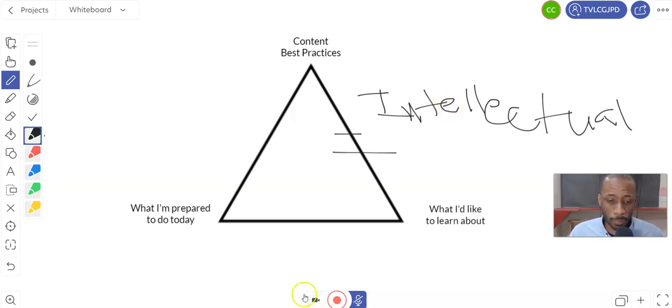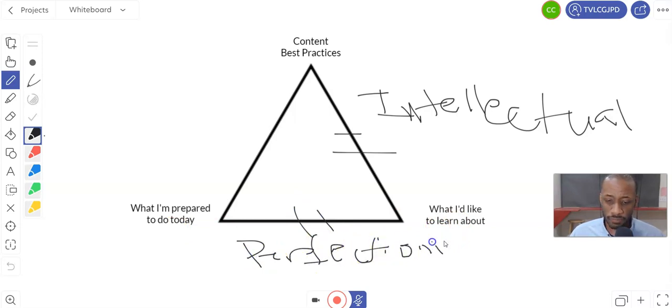Then there are the people who are balanced in between what they're prepared to do today and what they'd like to learn about. These people are the perfectionists. There's always this balance of, I know what I should do today. I know what I want to do today, but I want to make sure it's right. Let me make sure that this content I'm creating is on the cutting edge.